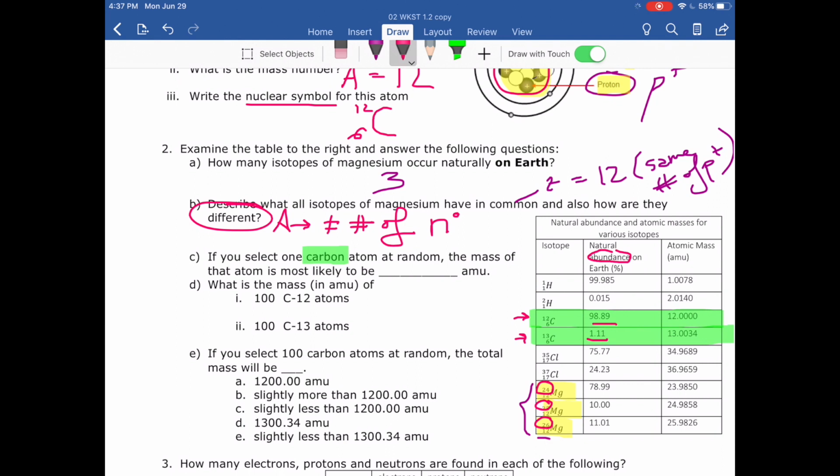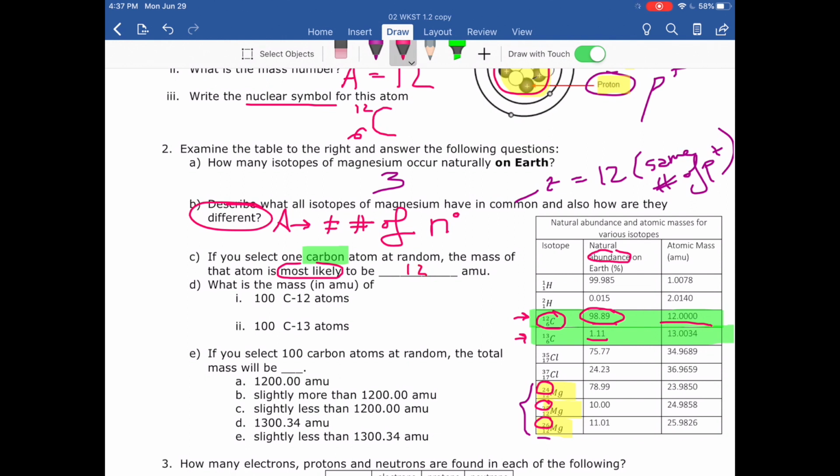So if I get a sample of 100 carbon atoms and I pick one, most likely I'm going to pick this carbon atom, because its abundance is way, way higher. So the mass that is the most likely is the one of carbon 12. So 12 AMUs.